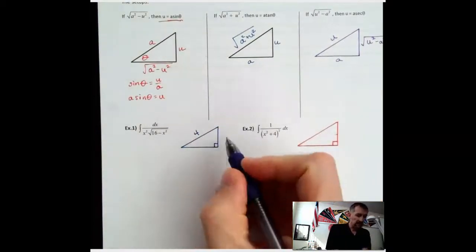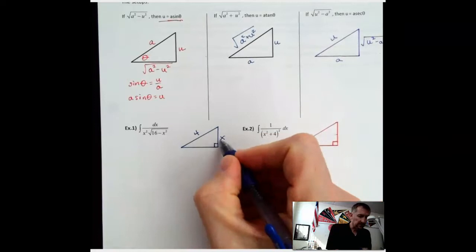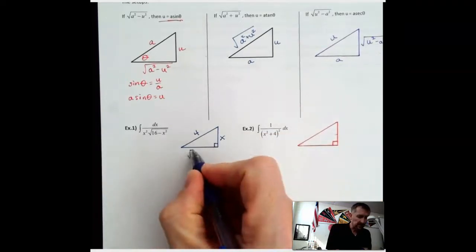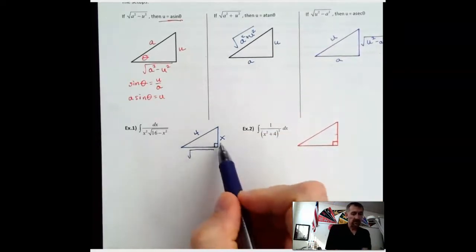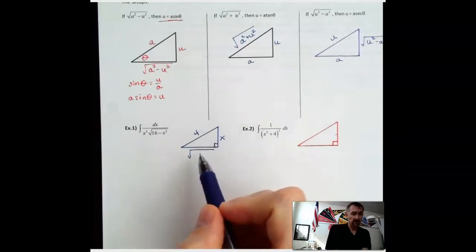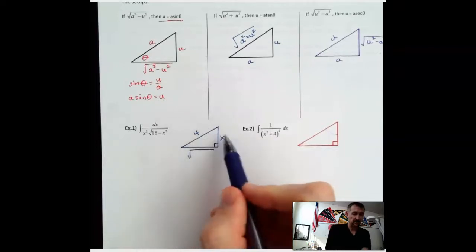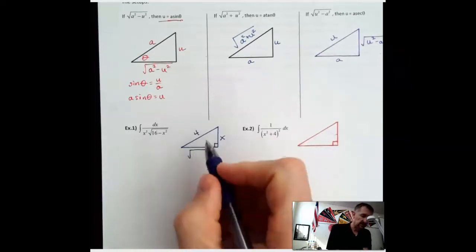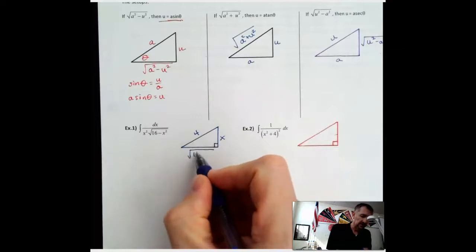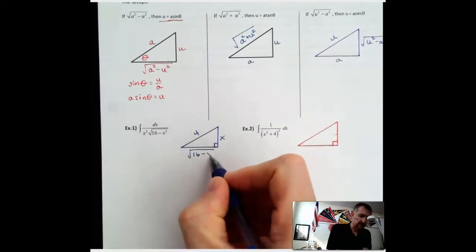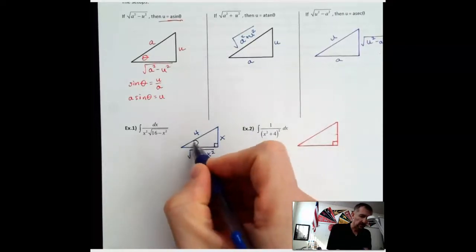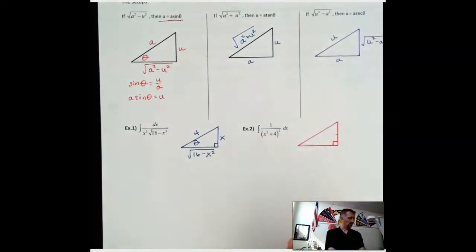And then the opposite side is going to be x. And then this side is going to be, right, we'd have a squared plus b squared equals c squared. So subtract this over here and then square root both sides. So that would be the square root of 16 minus x squared. Okay.